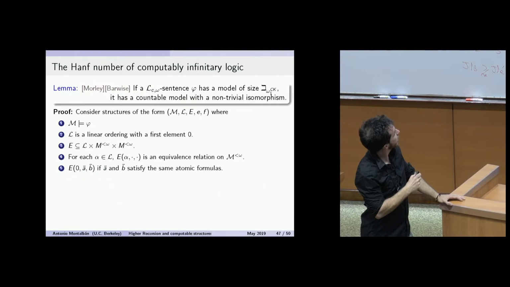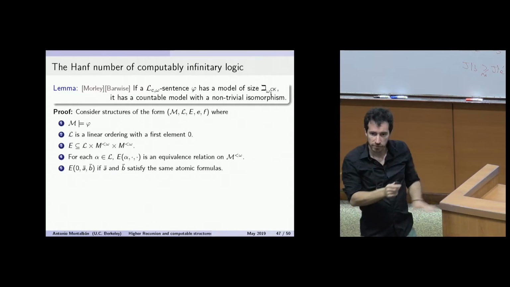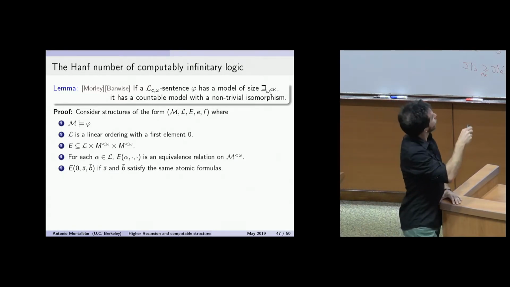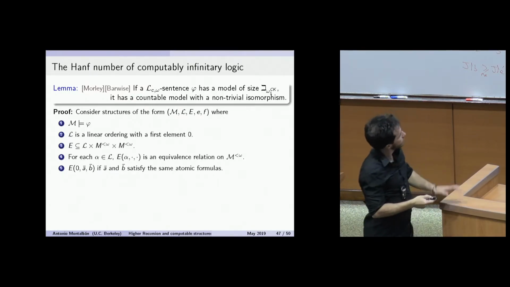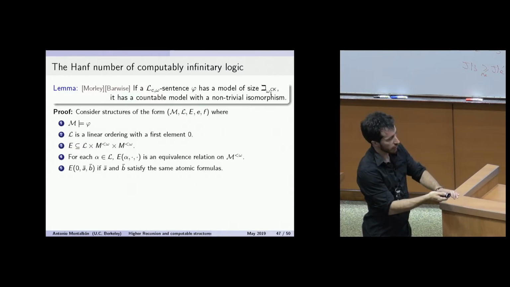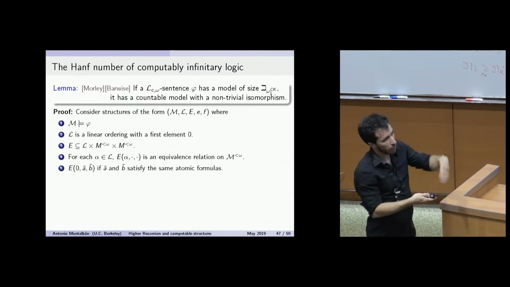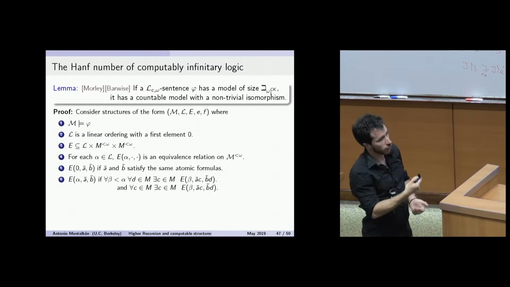The first equivalence relation, the one that corresponds to the element 0, just says that A and B satisfy the same atomic formulas in M. You can say that with an infinitary formula. Then when you go up L, you look at this back and forth property.